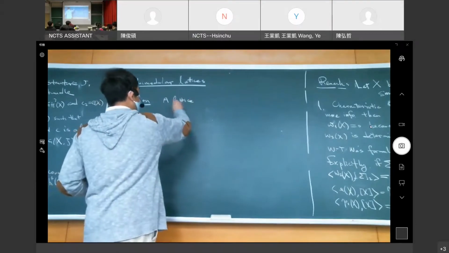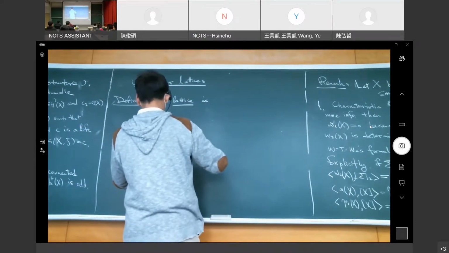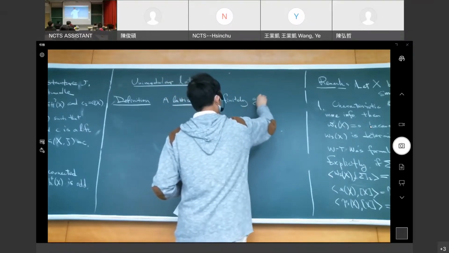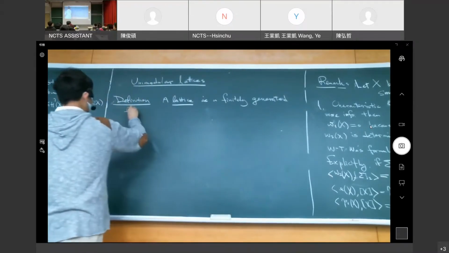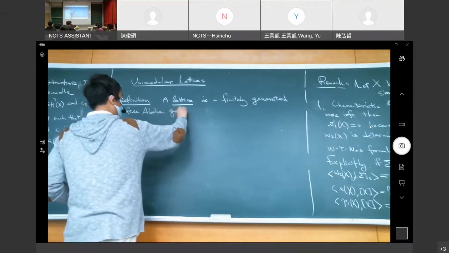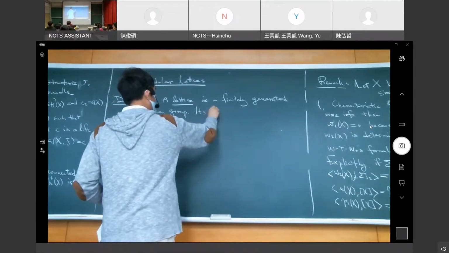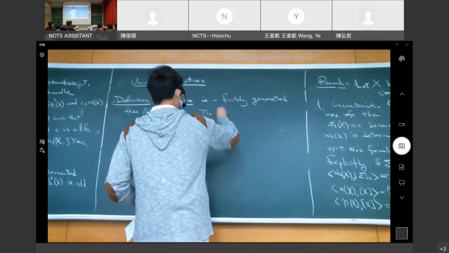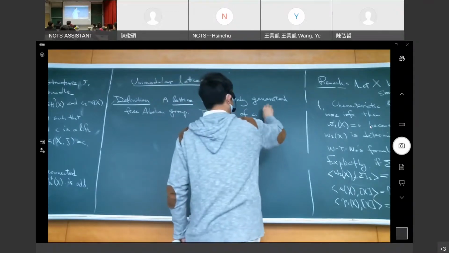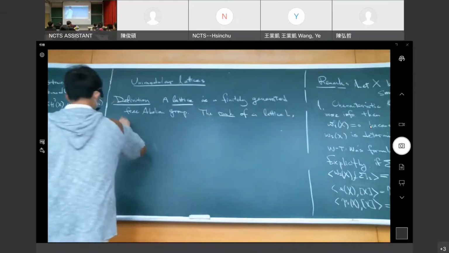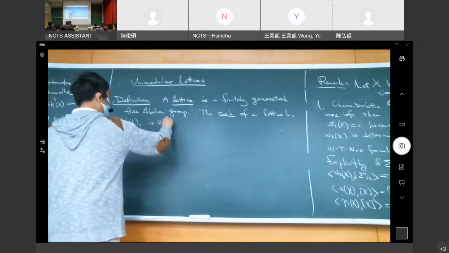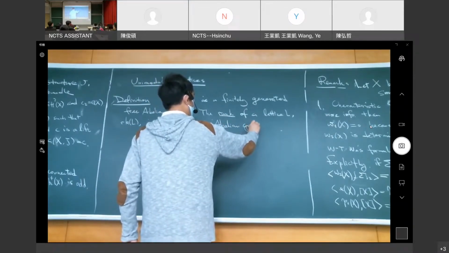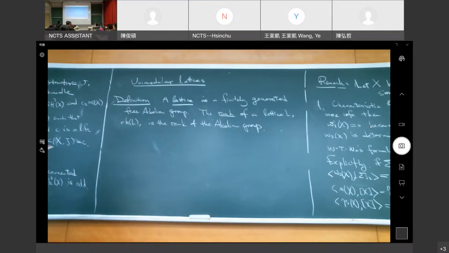So a lattice is a finitely generated free abelian group, and its rank, which is denoted by rk of L, is the rank of the abelian group. So this is about lattice.